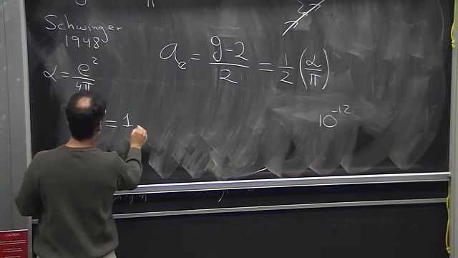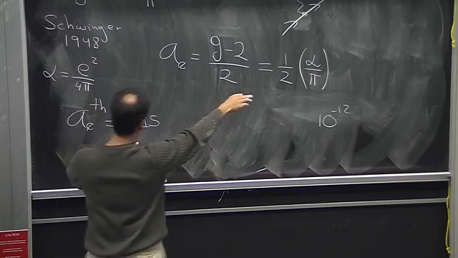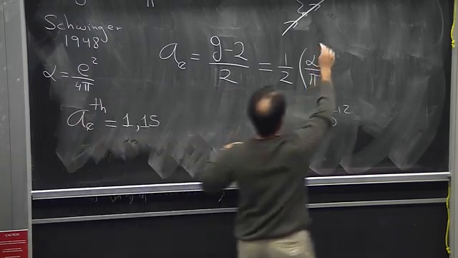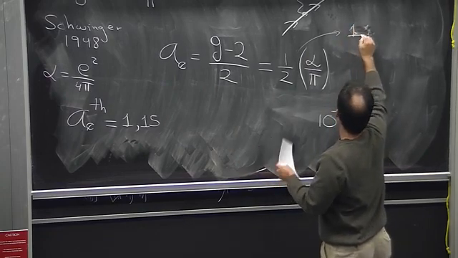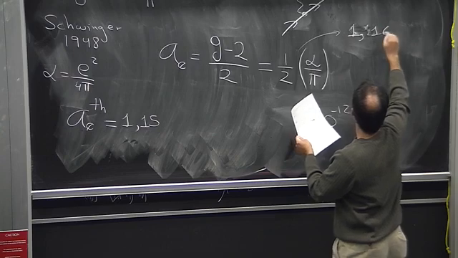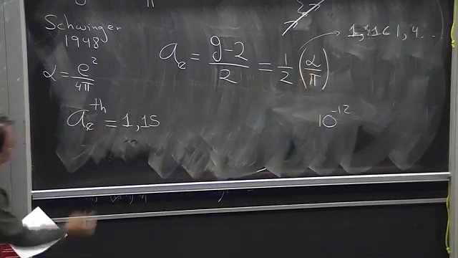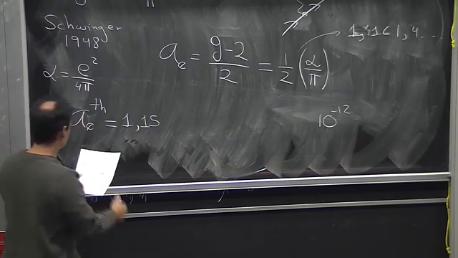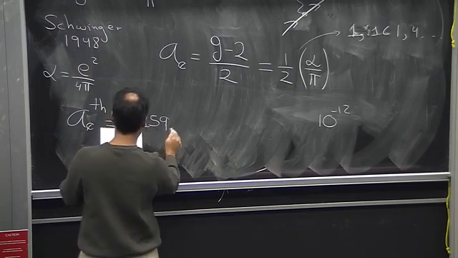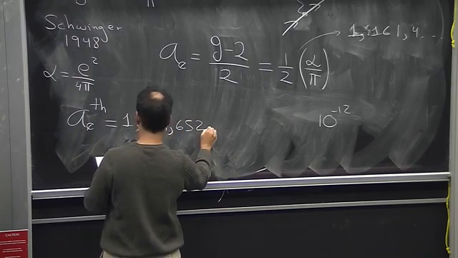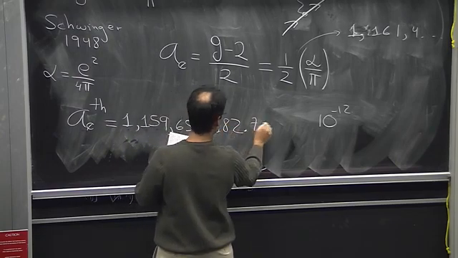Remember that Schwinger's number here was 0.0011614, and so on, which in these units times 10 to the minus 12 would be 1,159,152,182.79.